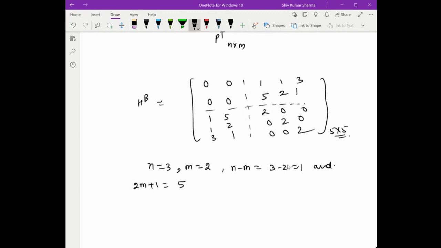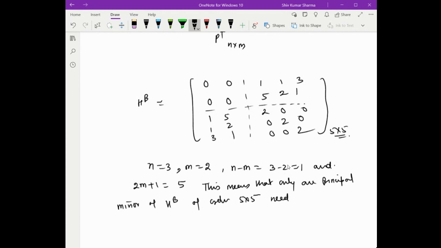So this means that only one principal minor of the border Hessian matrix of order 5 by 5 needs to be solved.